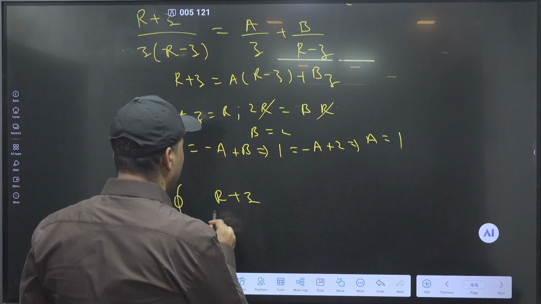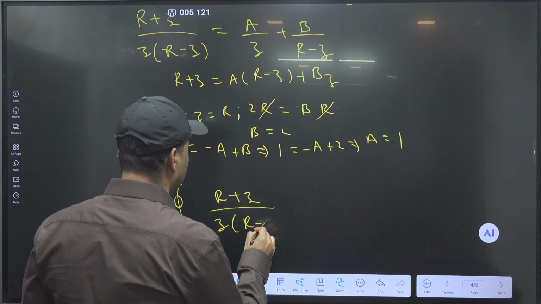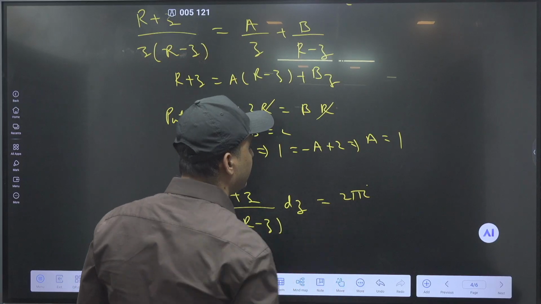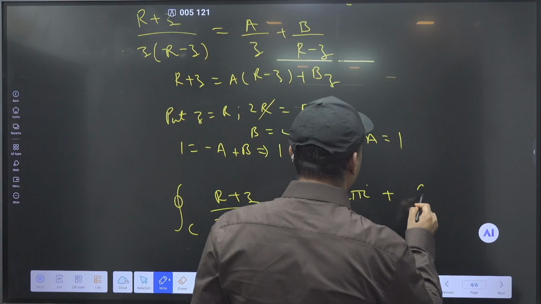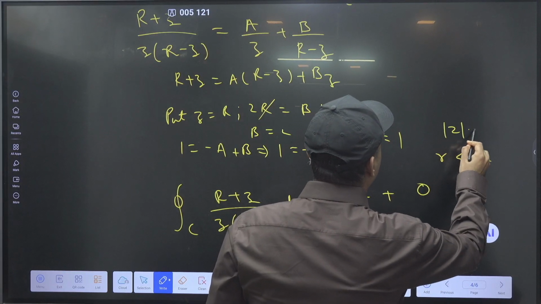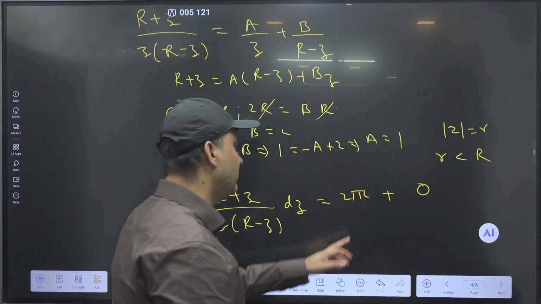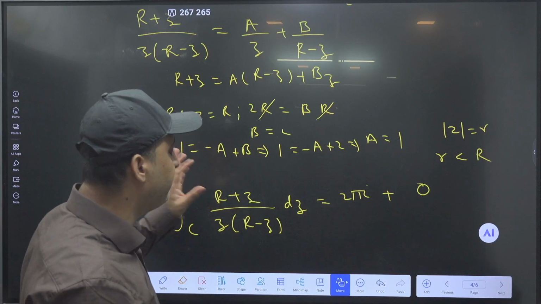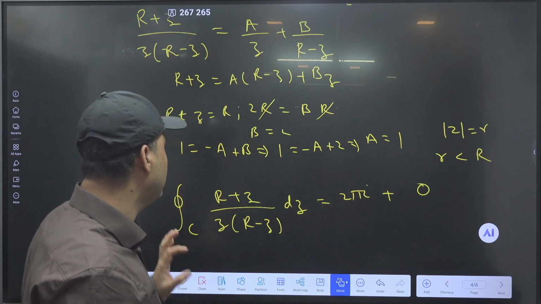(R plus z) upon z into (R minus z) dz is equal to 2 pi i, because it lies inside, because I have mod z is equal to small r. Henceforth, this is the case. Now I have very well found out the value of this contour integration.